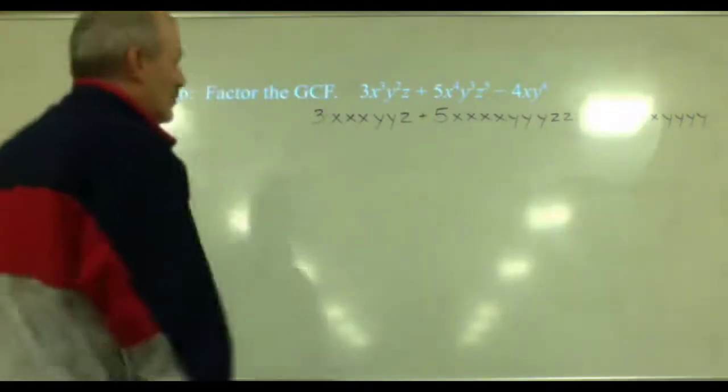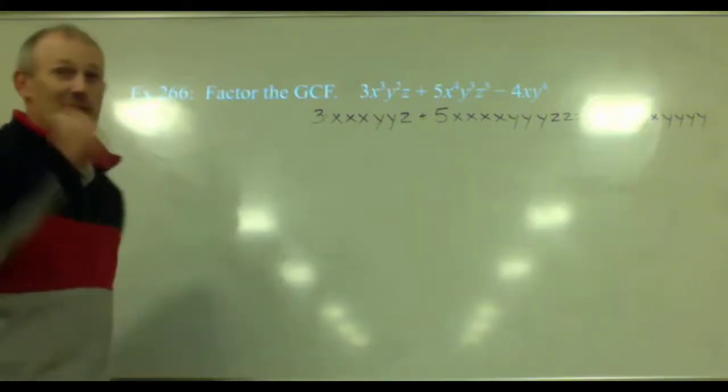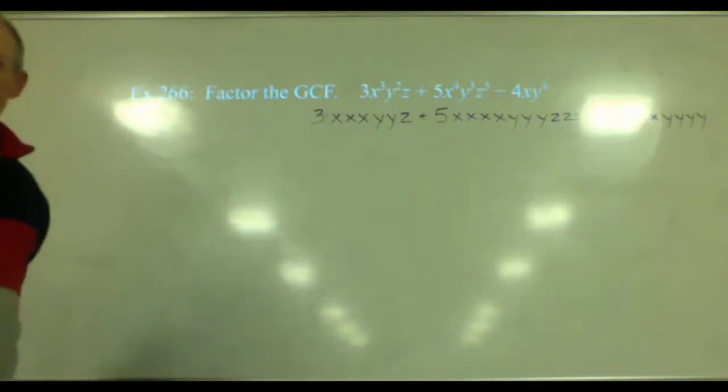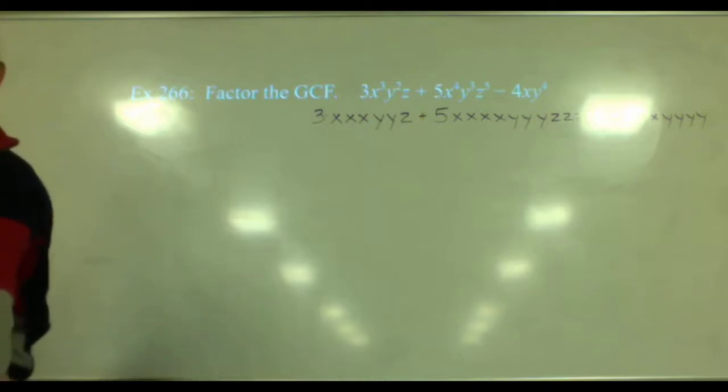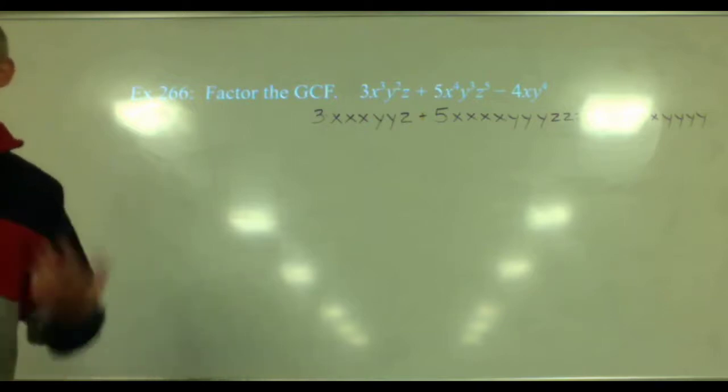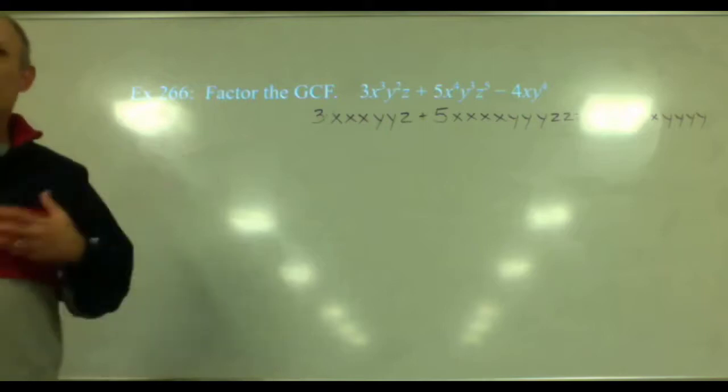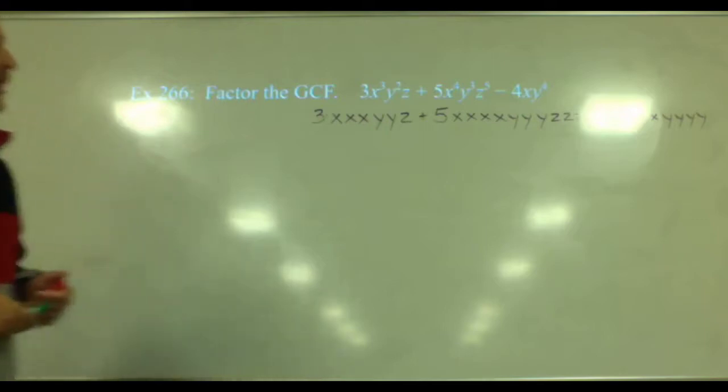All right. Once we've got that, when we look at the numbers first, do they have anything in common? No, they don't have any numbers in common, so we're not going to be able to factor out any numbers. How about the x's?